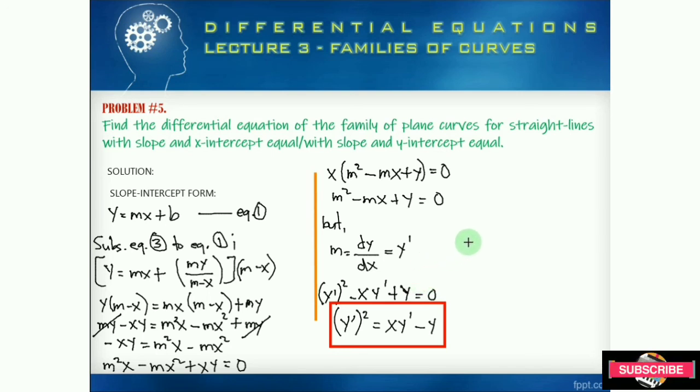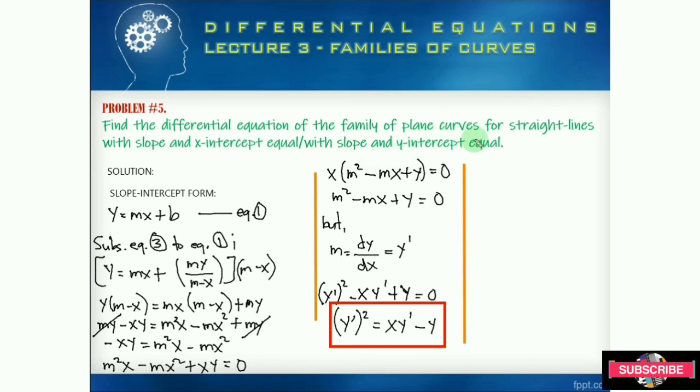Okay, so how about our case number 2? Okay, so I think we are going to maximize this one for our case number 2. Okay, so case number 2 is with slope and y-intercept equal.